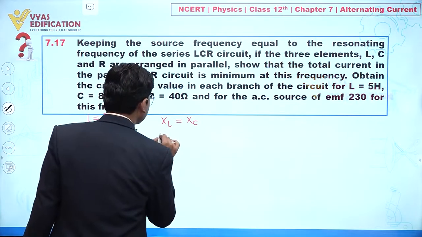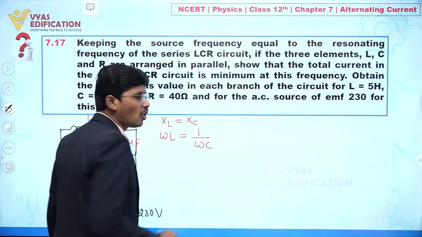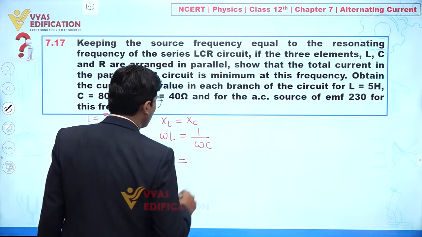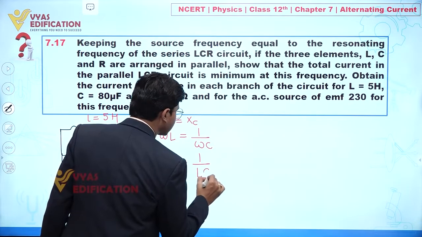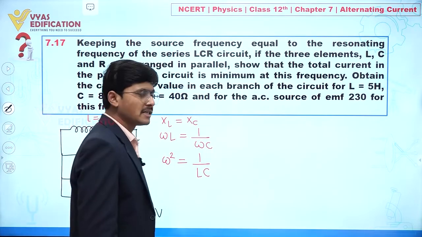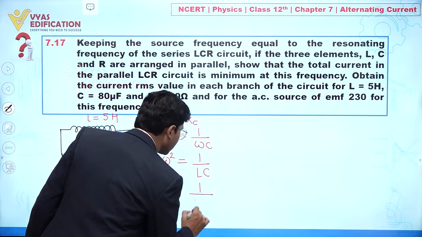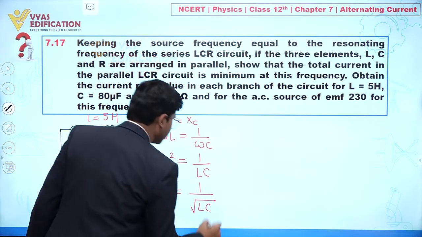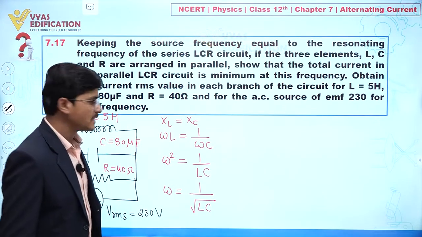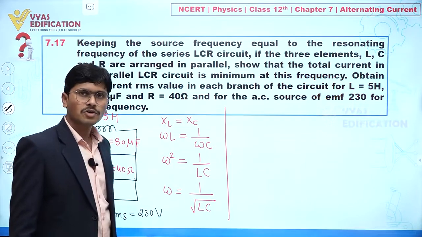Inductive reactance is given by omega L, which should be equal to 1 upon omega C. From here, omega squared is equal to 1 upon LC. So omega is equal to 1 upon square root of LC.